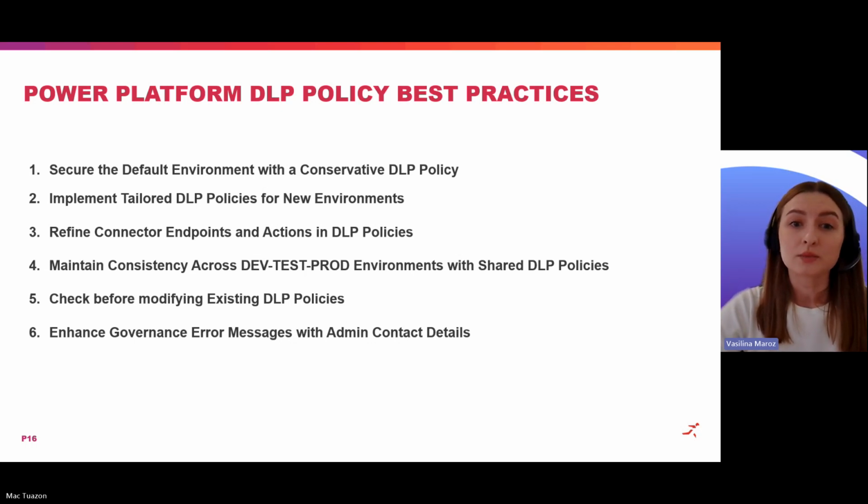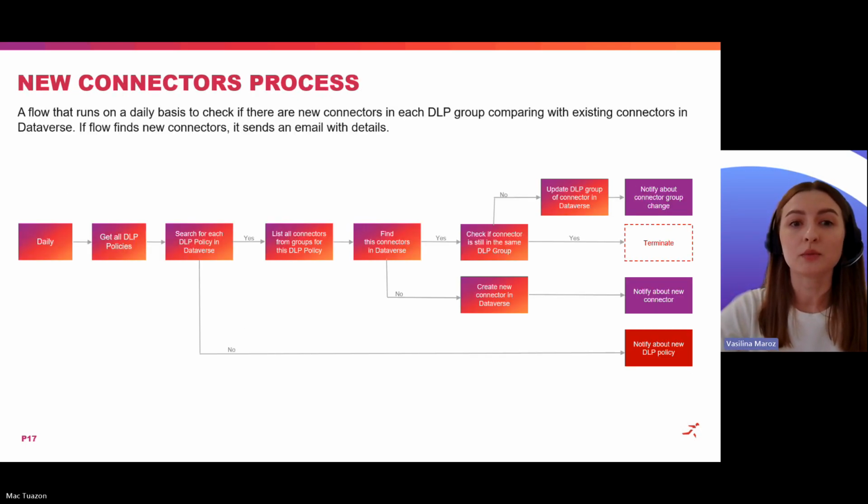When your DLP policies are in place, it's time to create a process that will help you manage changes in DLP. But we don't need to start from scratch. We usually start with standard COE flows and enhance them based on the client's requirements.